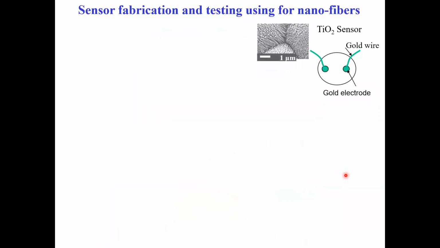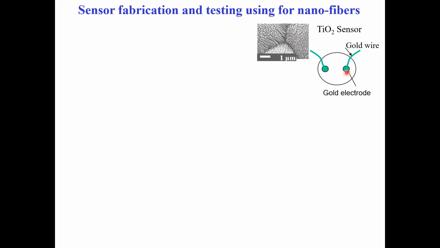So we actually make this kind of sensor using the nanofibrillar structure in TiO2 that we talked about before. Remember that kind of etched surface nanofibrillar structure that we created. So we take this platform, attach two leads by putting gold paste and connect gold wire to the paste and cure it.